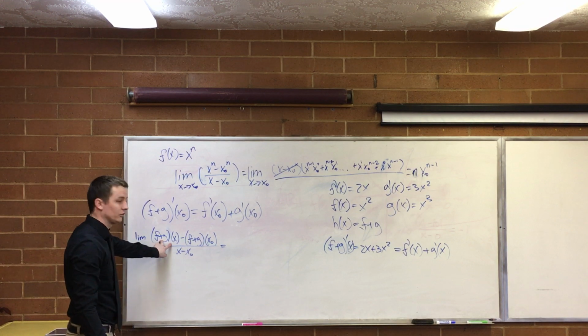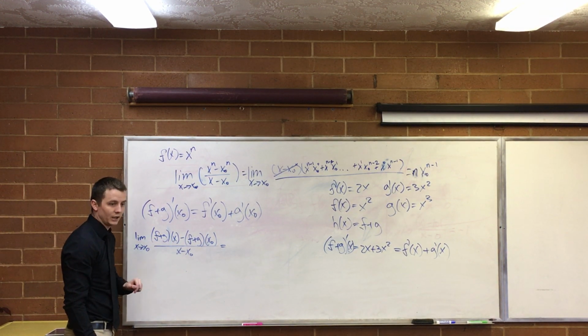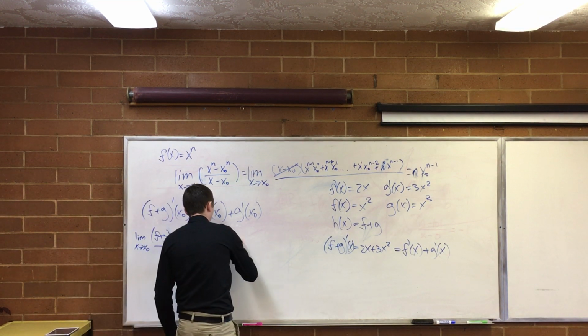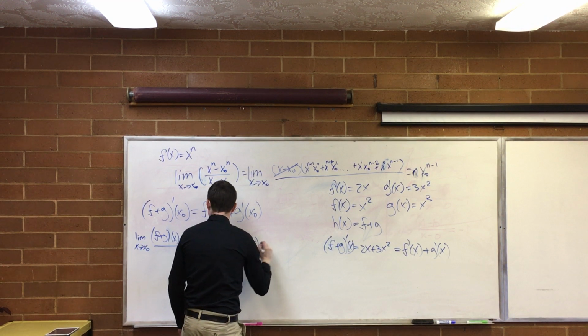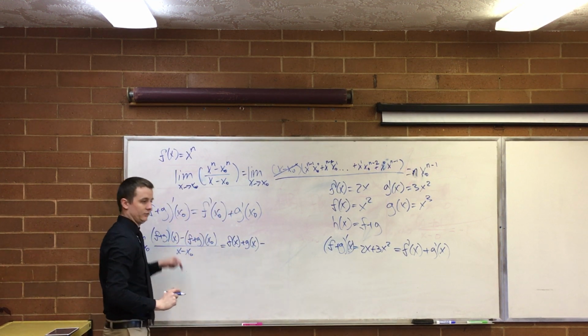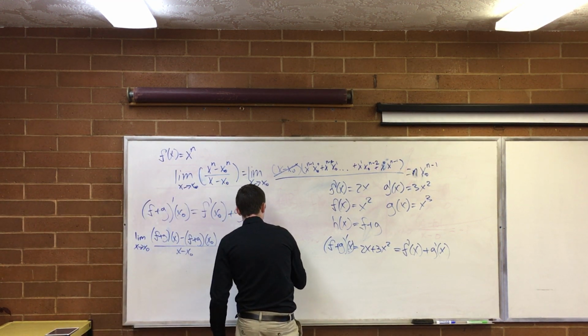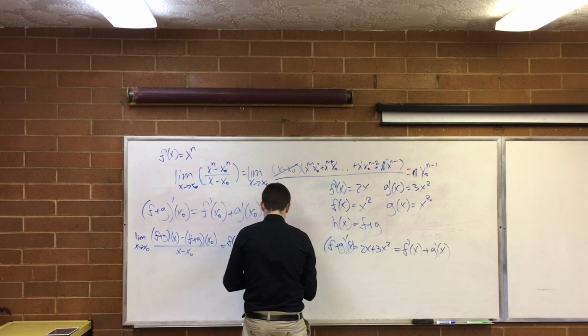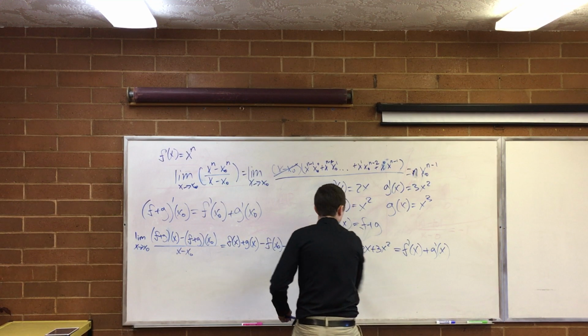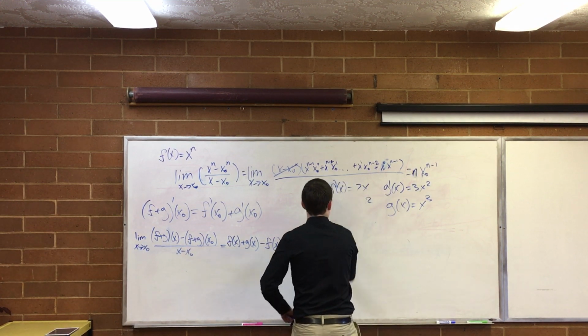Now just writing out exactly what this is. f plus g of x is f of x plus g of x, right? So this is equal to f of x plus g of x minus, I'm going to distribute the minus to these as I go, minus f of x naught minus g of x naught. Let me get some space over here.